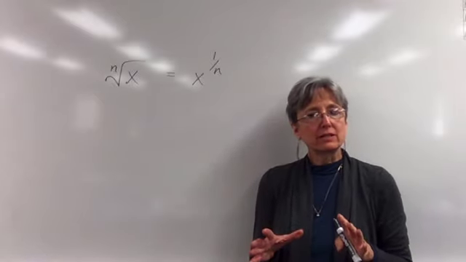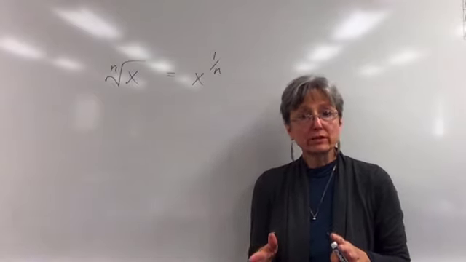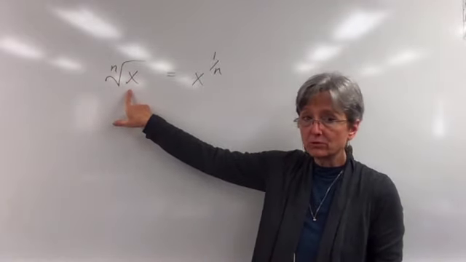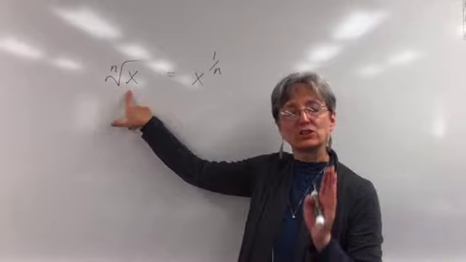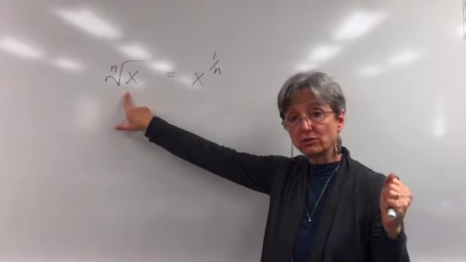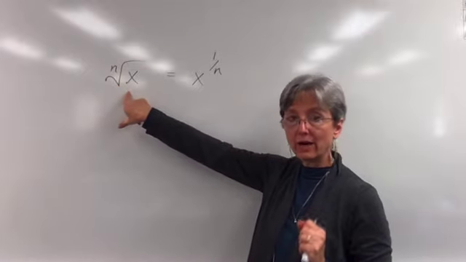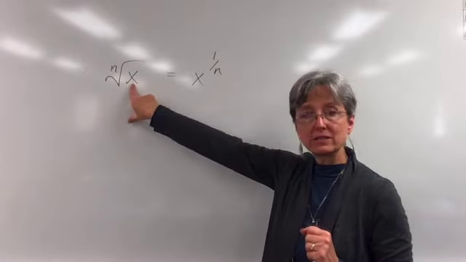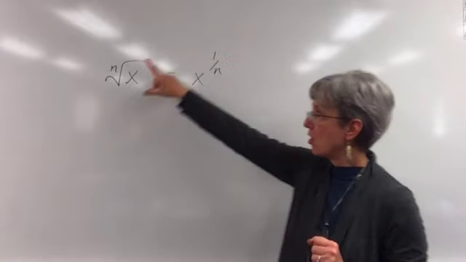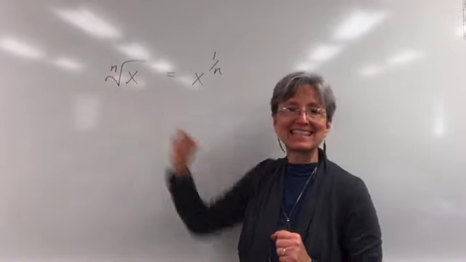So here's a basic formula you could put in your notes if you want to. If I have the nth root of x, the nth root of some number, then to write that same exact expression in rational form instead of radical form, I would have the base x to the power of 1 over the index.